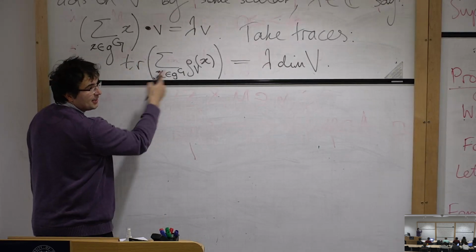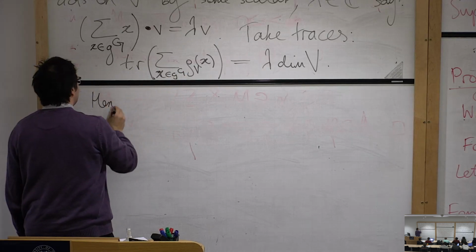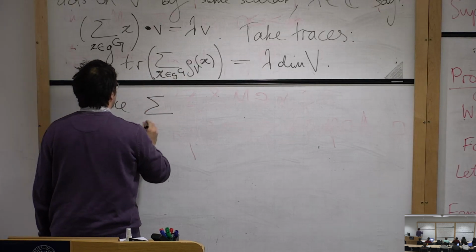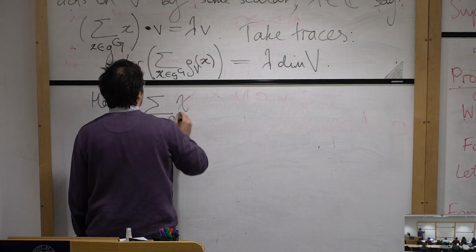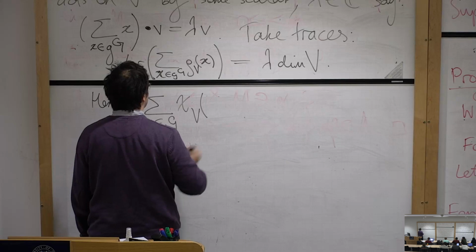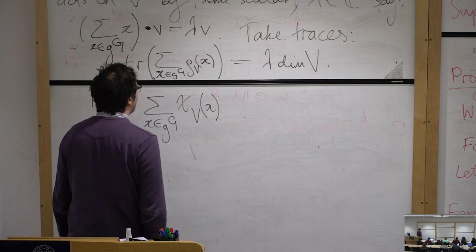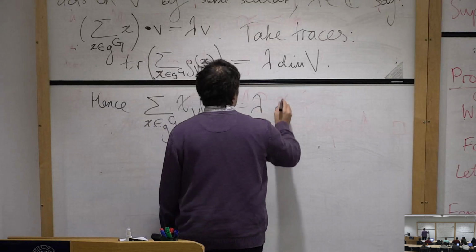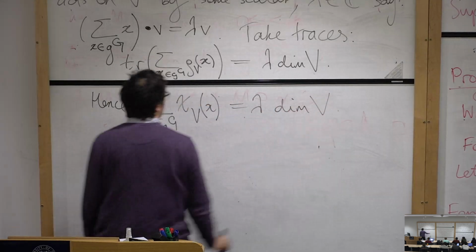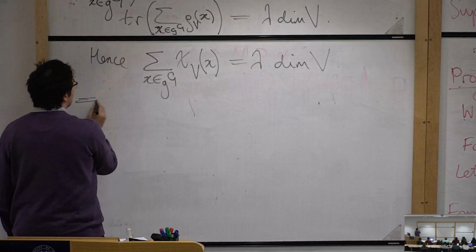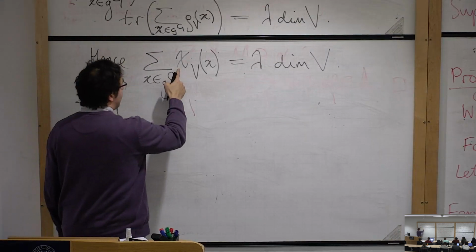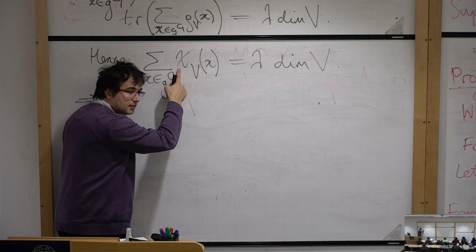So this is exactly a character value, which is where we started. That's that number. And so, as I promised, we can tease out lambda from this equation, because characters are constant on conjugacy classes.